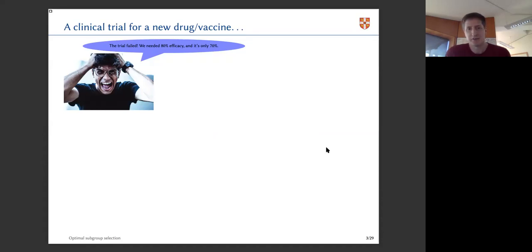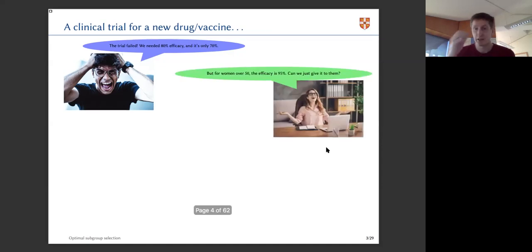So this is a very unfortunate, but unfortunately a very common occurrence in randomized clinical trials. And of course, it's very disappointing for everyone concerned. But just before you discard all the research that's gone into this development, one of your colleagues comes up with the following.